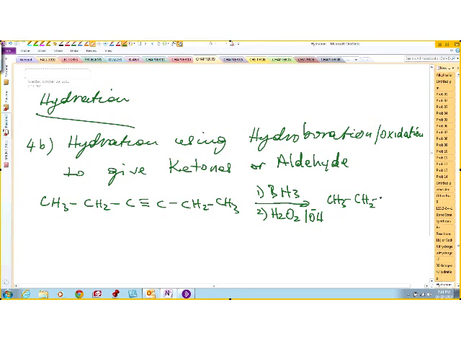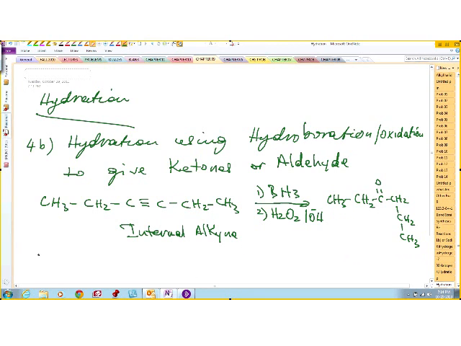So here we have, in the case of an internal alkyne, which is what this is, we get a ketone.